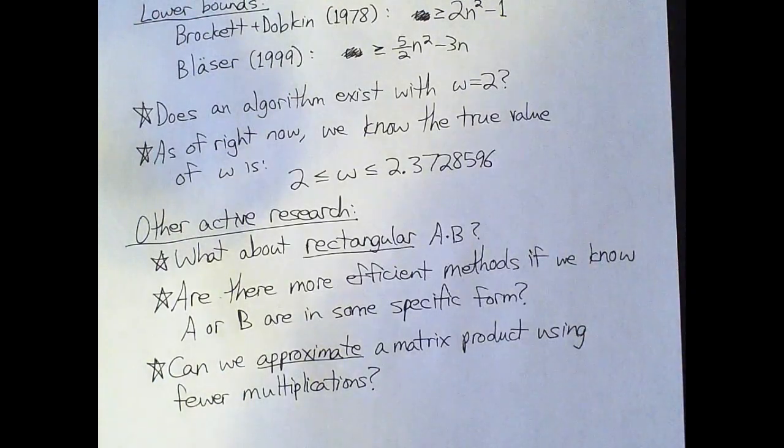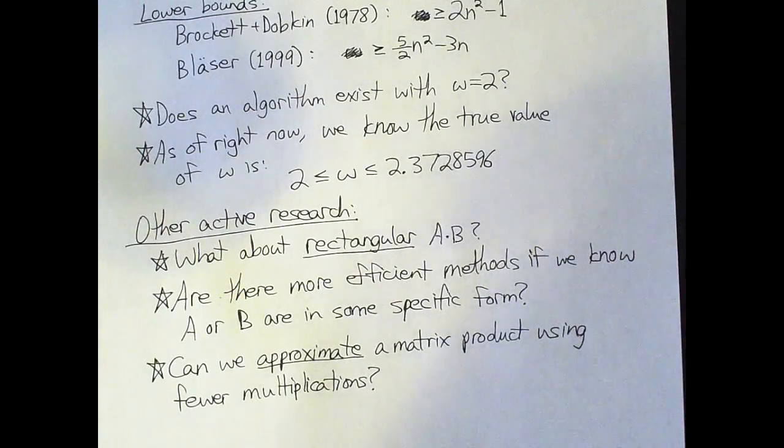But maybe for some real life problems, you have really large matrices that you want to multiply, and maybe it's okay if you just get the answer within 1% accuracy or something like that. You know, maybe it's some real life thing where you just need the answer to be approximately correct, and that's good enough.